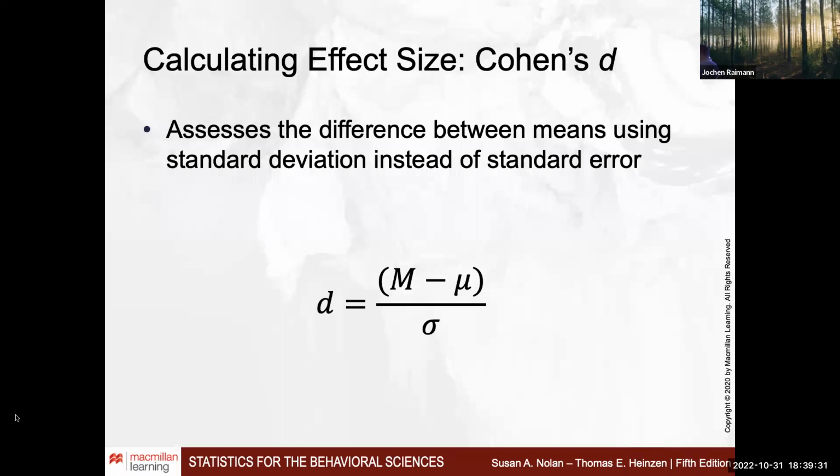So you calculate Cohen's d by standardizing the difference between the sample mean and the population mean by the standard deviation this time. And please memorize that, because that's quite a trap on the quiz. And you will be asked for effect sizes quite frequently on the quizzes.